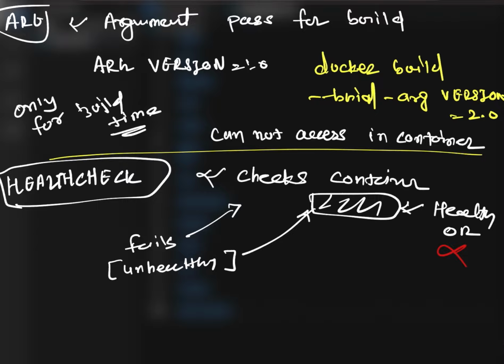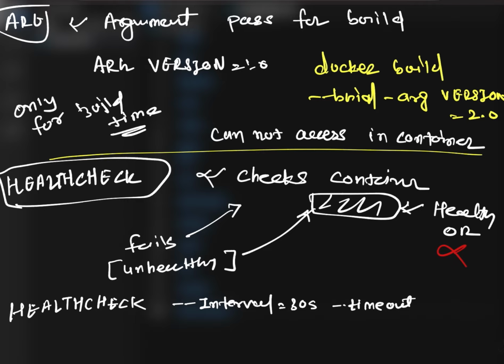So let's see how we can write a health check. During the health check, we can add an interval of, for example, 30 seconds, or 20 to 80 seconds, whatever we want. Then the timeout will be 5 seconds.